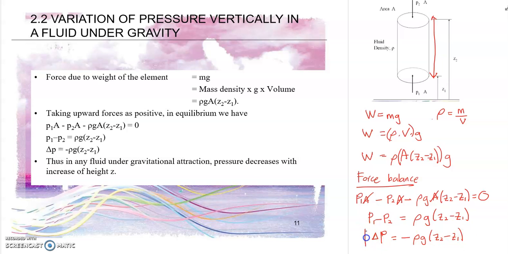So this is the final equation that we are interested in, because from this equation, we can conclude that in any fluid under gravitational attraction, pressure decreases with the increase of height Z. As you have also learned in thermodynamics, if you compare the pressure on top of Mount Everest with Mount Kinabalu, based on your calculation, you can see that at Mount Everest, your pressure is lower compared to the top of Mount Kinabalu.